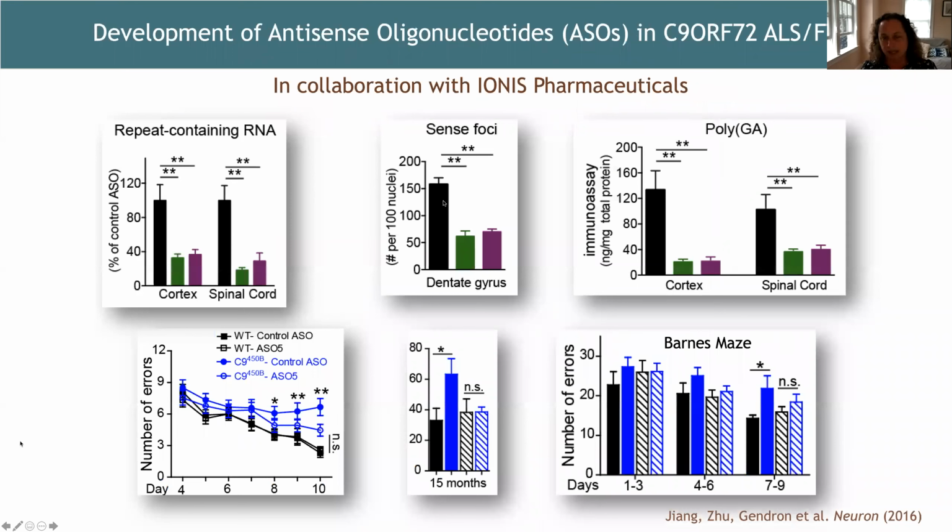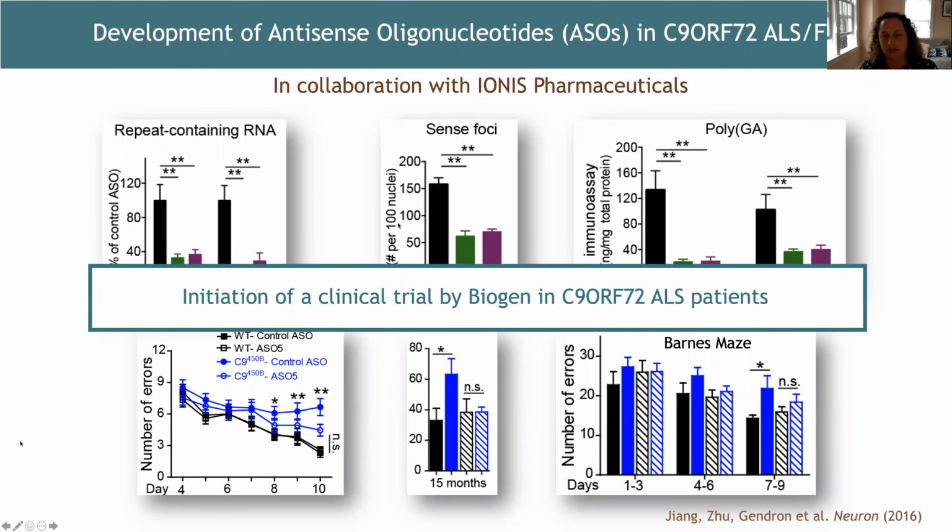So based on these preclinical results, Biogen has started a program to develop ASOs, and there is now a clinical trial in C9orf72 ALS patients testing these antisense oligonucleotides to target C9orf72.